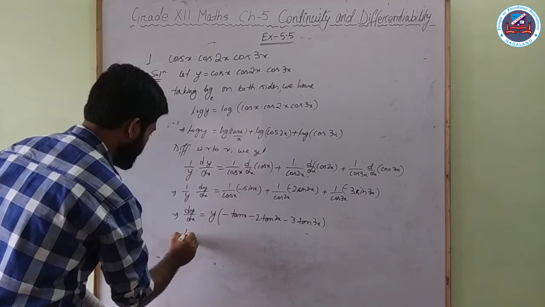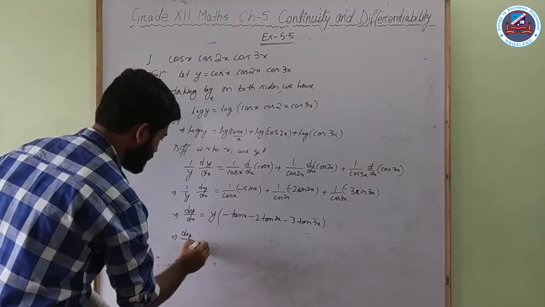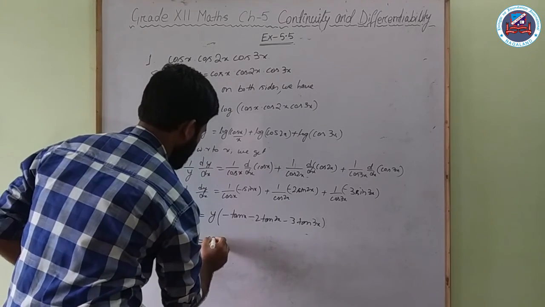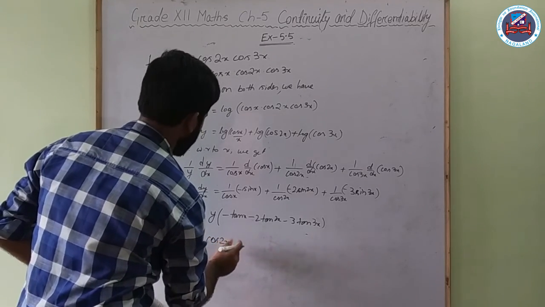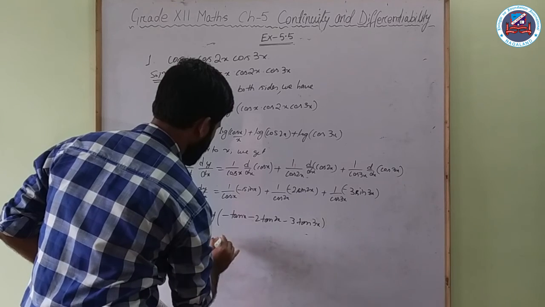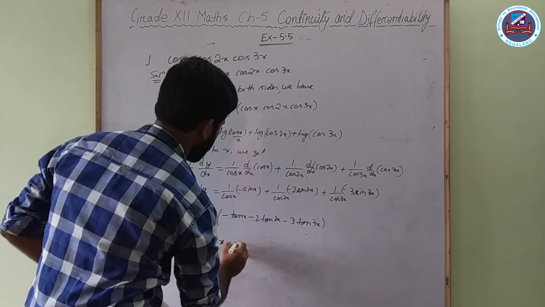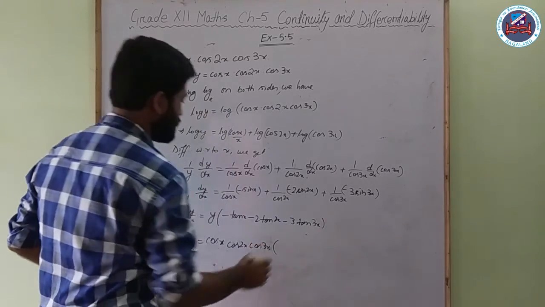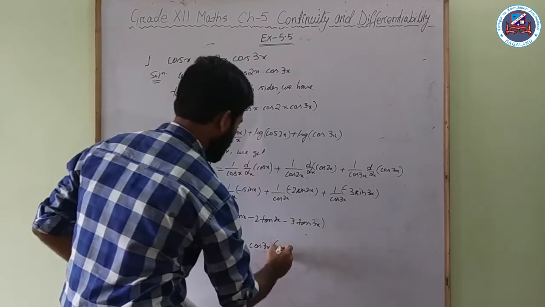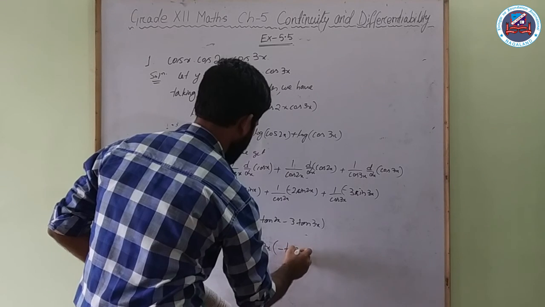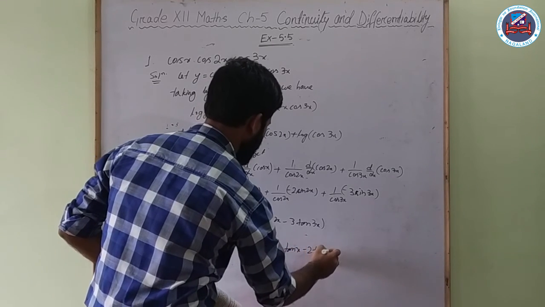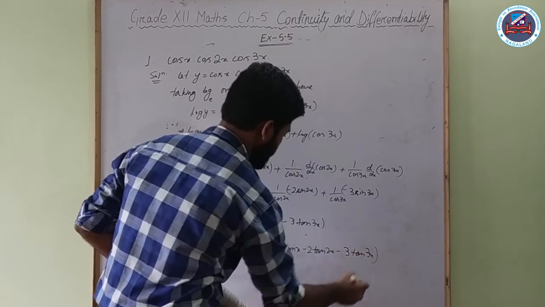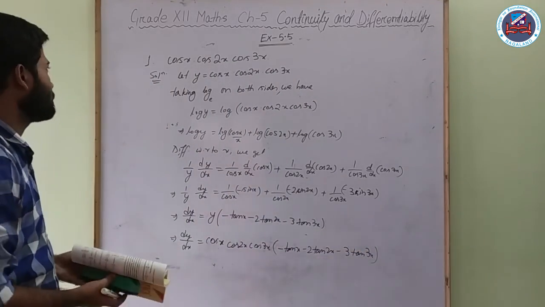And this can be written as dy by dx is equal to, in place of y, it is cos x, cos twice x, cos thrice x, multiplied by this whole thing. That will be minus tan x minus 2 tan 2x minus 3 tan 3x. So that will be the answer.